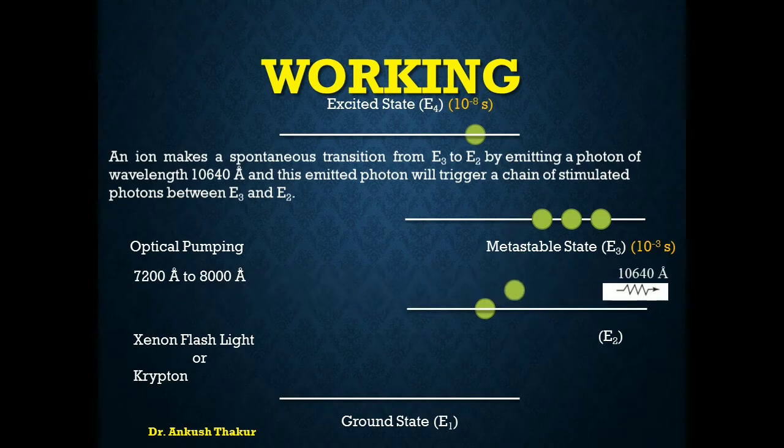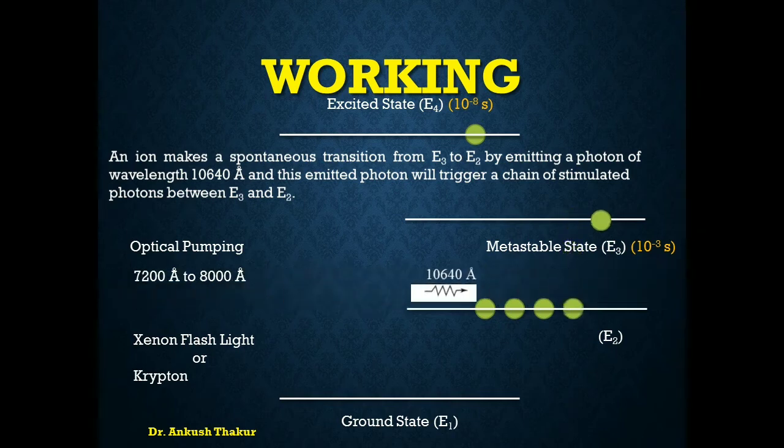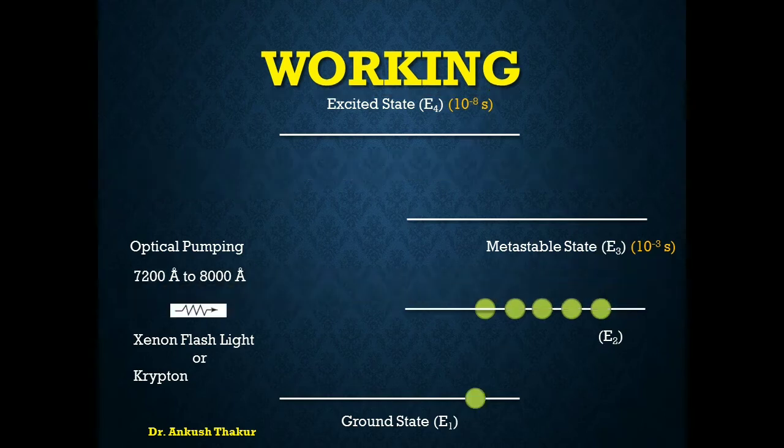That first de-excitation is spontaneous, emitting 10640 angstrom, and that photon again stimulates the atoms present in the metastable state and induces them to return to the lower state by emitting the same photon of 10640 angstrom. This produces laser action, and it is the entire working of the Nd-YAG laser.